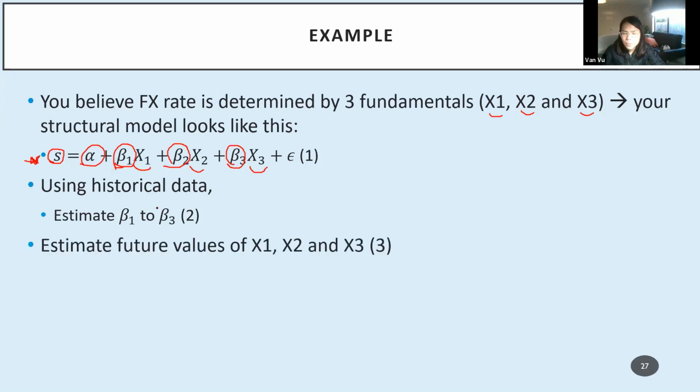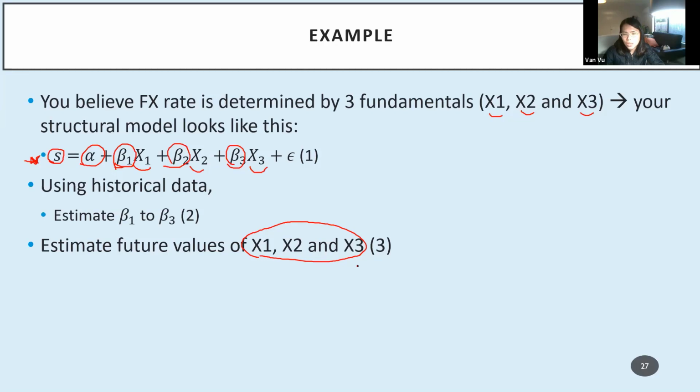So once I have estimated the coefficients and the intercept, I have got a functional form to estimate the spot exchange rate, okay? So the next step is to estimate the inputs, which are x1, x2, and x3. For example, if I want to estimate the spot exchange rate in the next year, I'm going to need the values for x1, x2, and x3 for the next year as well, okay?